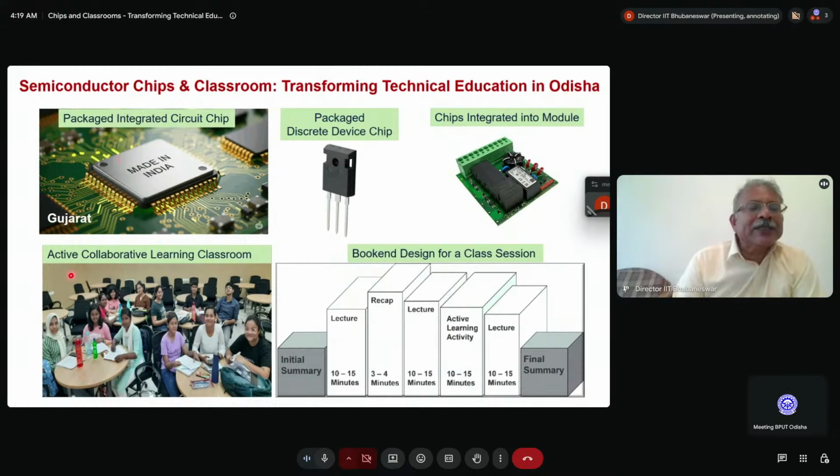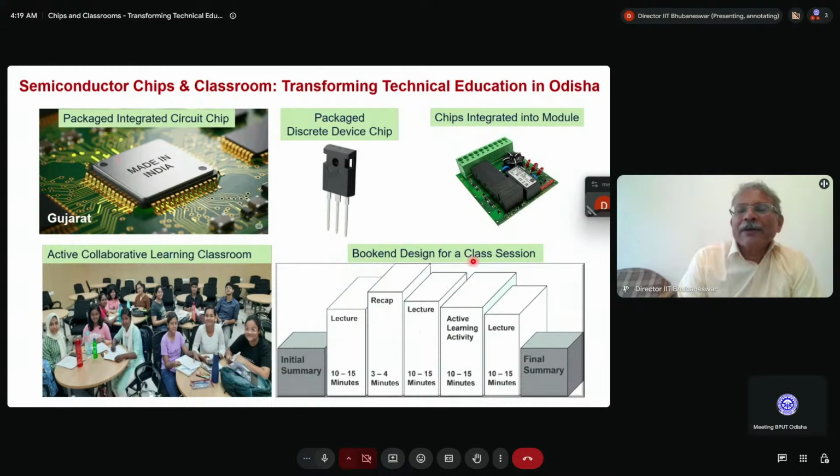That is why it is called an active collaborative learning classroom. Since we are talking about transformation of technical education, we have to transform our classroom sessions from purely lectures into collaborative learning activities. So let me explain this a little more using this diagram here.